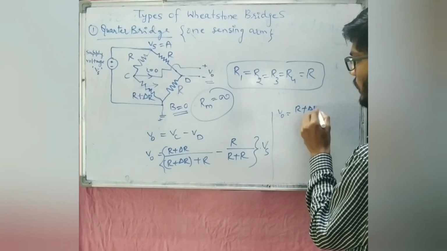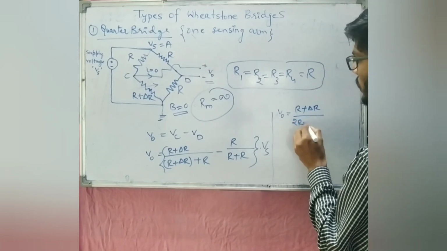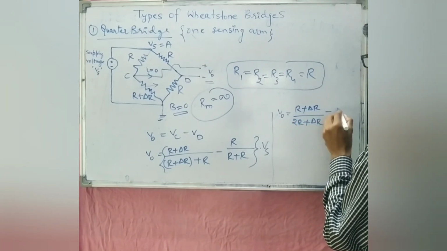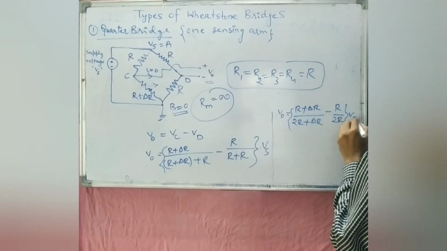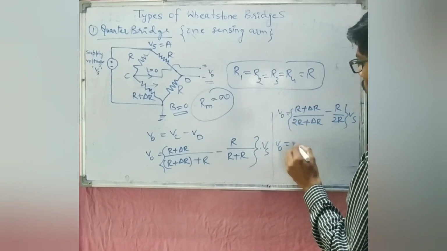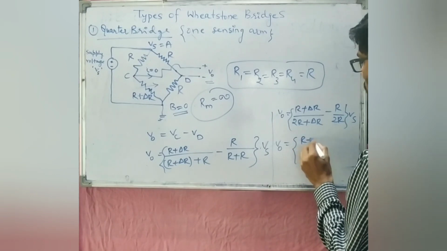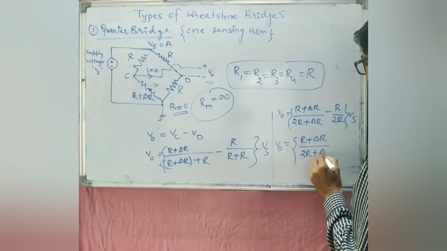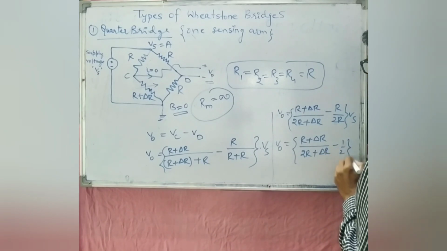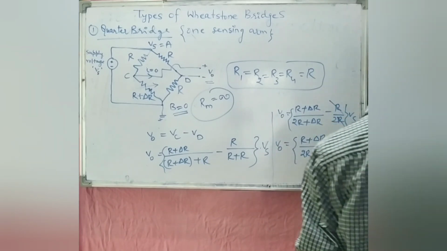So (R plus delta R) divided by (2R plus delta R) minus R divided by 2R, and the whole thing is multiplied by Vs. So V naught is going to be (R plus delta R) divided by (2R plus delta R) minus 1 by 2, into Vs. R and R get cancelled.